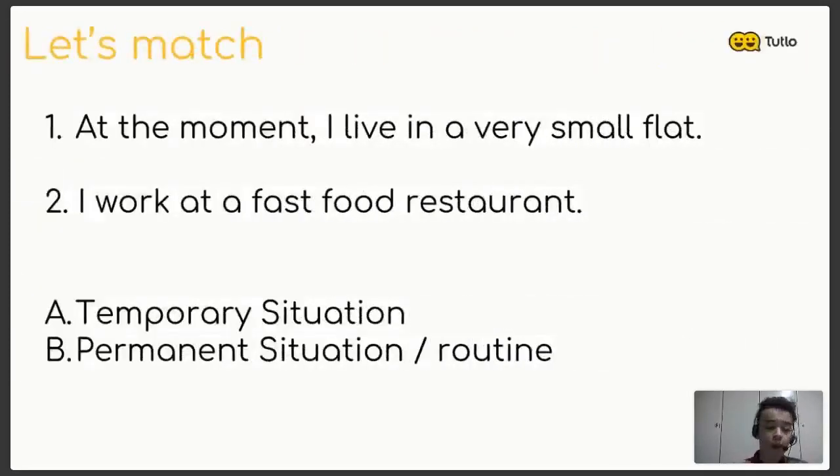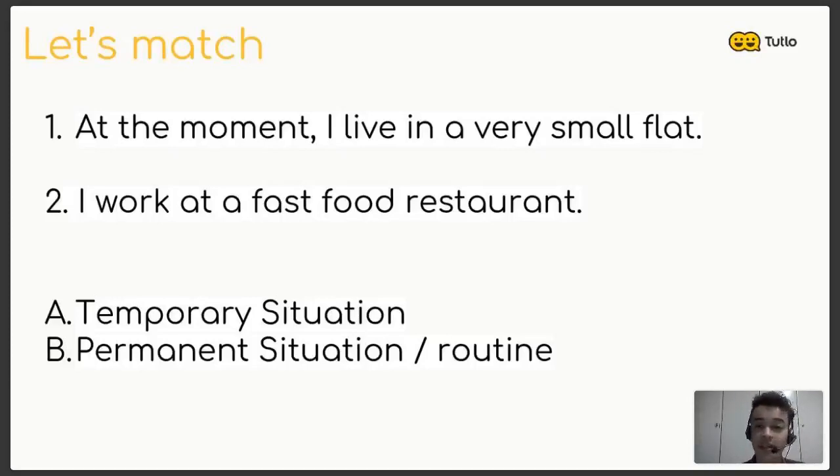So before we get into all of the information we're going to learn, let's do this little matching activity. As you can see, there is number 1 and number 2, and we have two options, letter A and letter B. What I want you to do is to tell me, for number 1, the sentence says, at the moment, I live in a very small flat. Is that letter A or letter B? Letter A is a temporary situation.